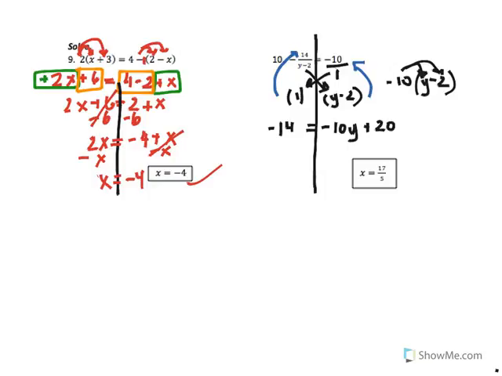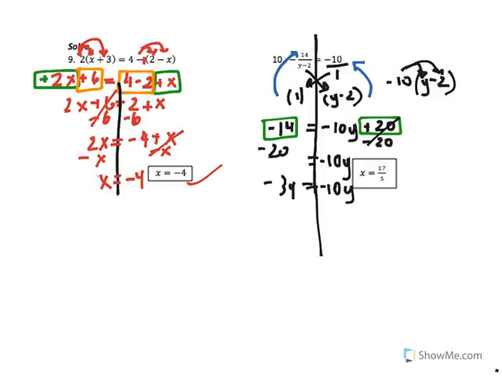I want to get the constants with the constants, so I will move this 20. And I get negative 34 equals negative 10y. I divide both sides by negative 10.